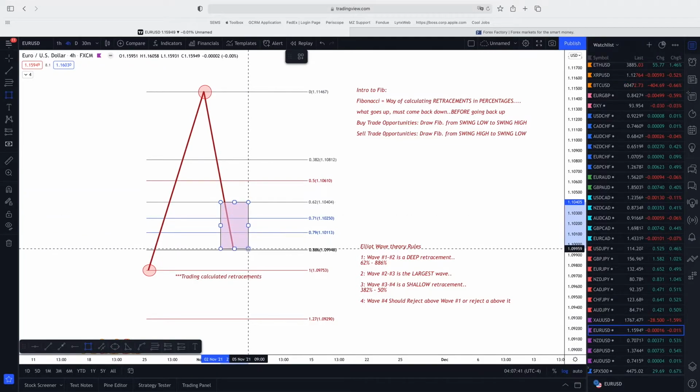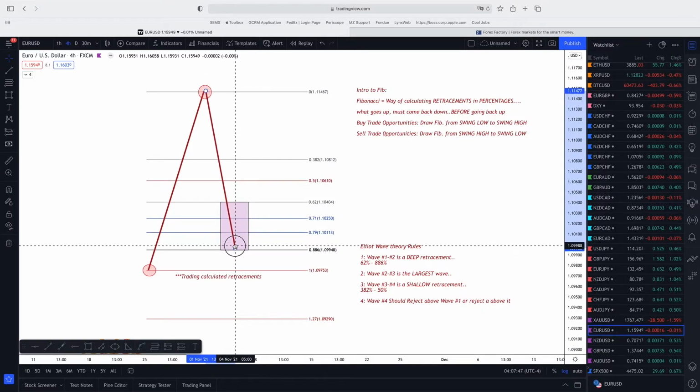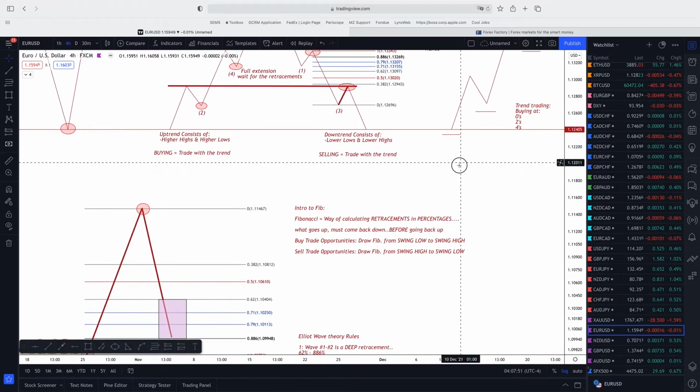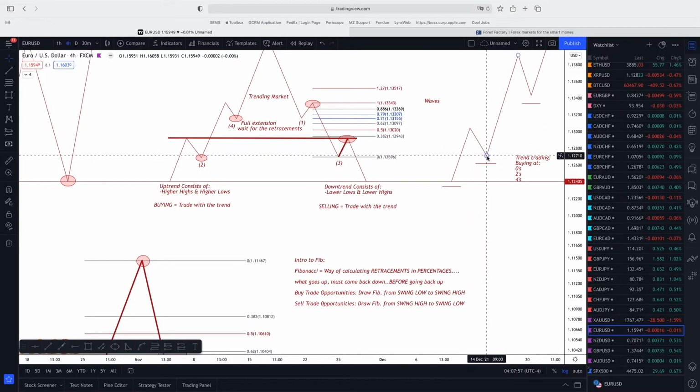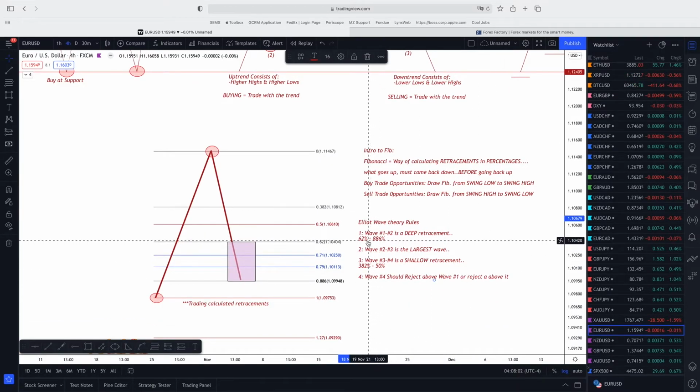When waves 1 to 2 is being created, you're looking to see anywhere in this specific box that the market can definitely retrace from. So what do I mean? Again, this is 0, this is 1, this is 2. So in waves 1 to 2, you're looking anywhere between 62 to 886%.